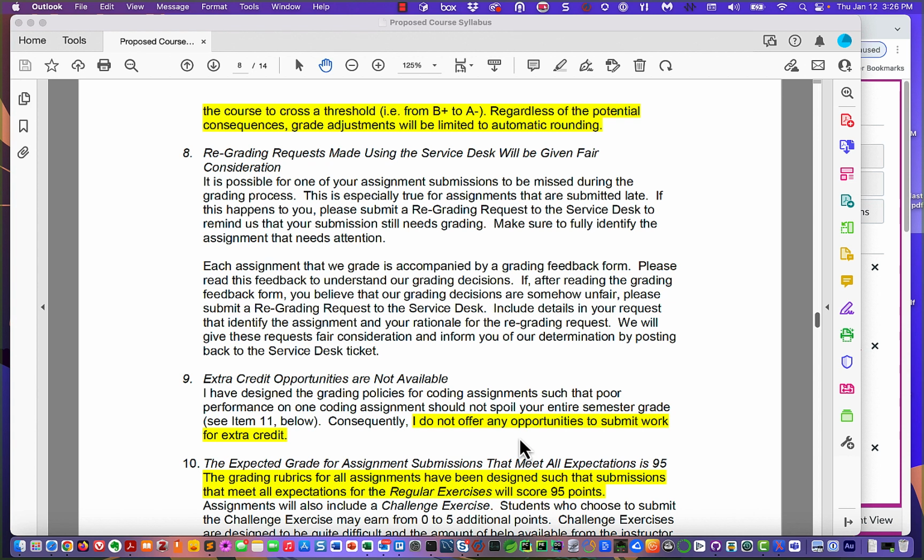Extra credit opportunities are not available, okay? Now, the next thing I'm going to talk about is the grade deal that I give on the coding assignments, which is pretty lenient, and it's hard to ruin your grade by making a silly mistake, okay? Because of that, we just don't do extra credit opportunities at all.